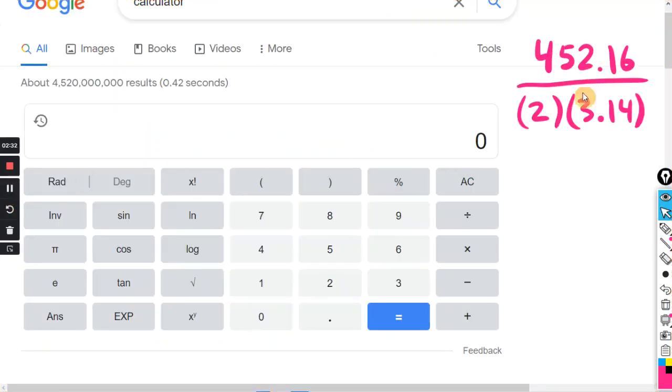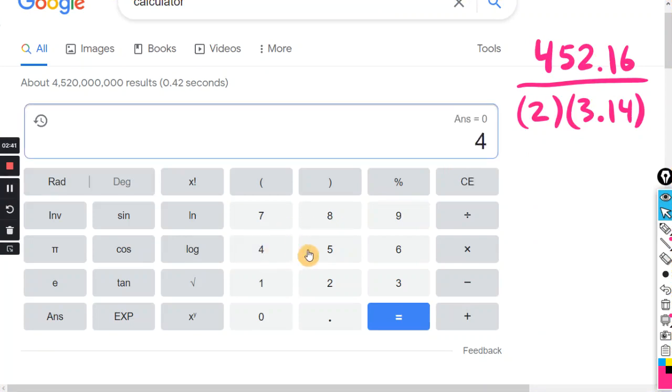In order to do this on the calculator, you have to use parentheses for the denominator. So I'm going to enter 452.16, and divide by this whole thing in parentheses. I hit divide and then the parentheses, and enter 2 times 3.14, then close the parentheses.